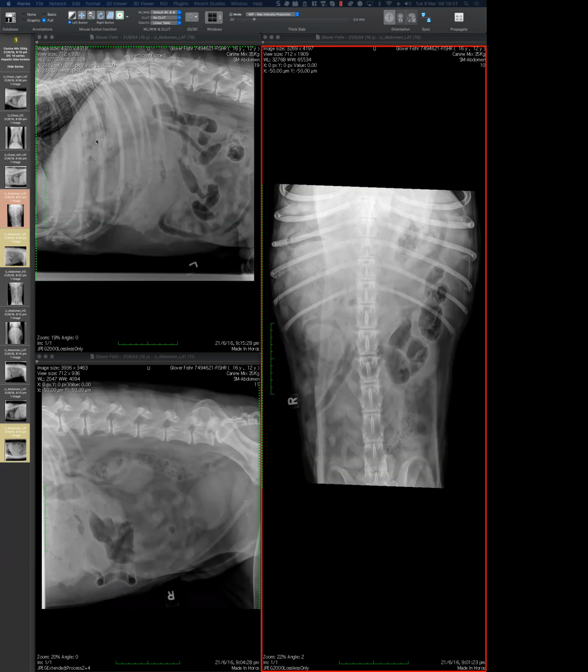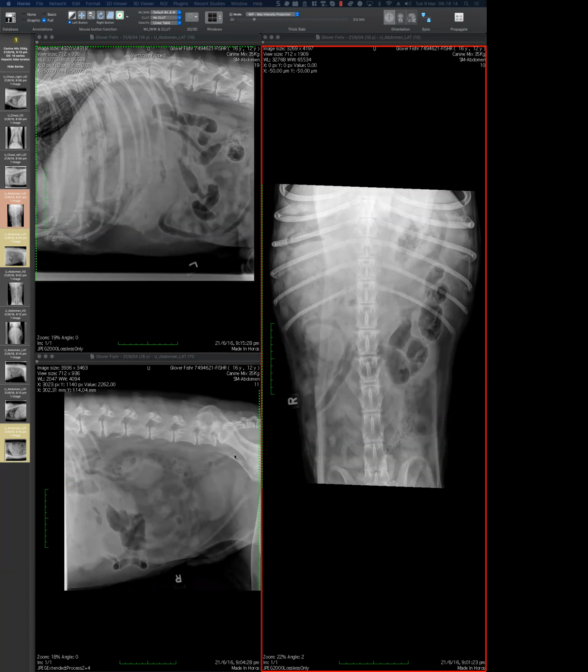I think they look quite well defined on the laterals, and they're rounded, but there's a few areas, sort of here.